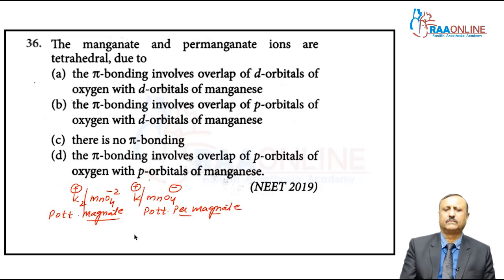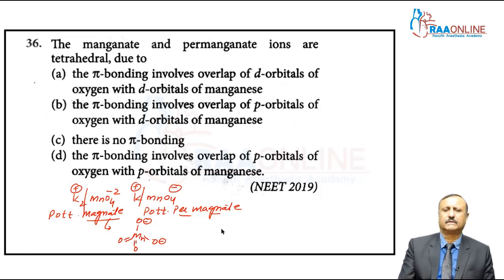Here, my dear students, when you see the structure of manganate, 2 negative charges are present, and you can note very well that the oxygen atom is bivalent. So a double bond is present between oxygen and manganese. This is the structure of manganate.